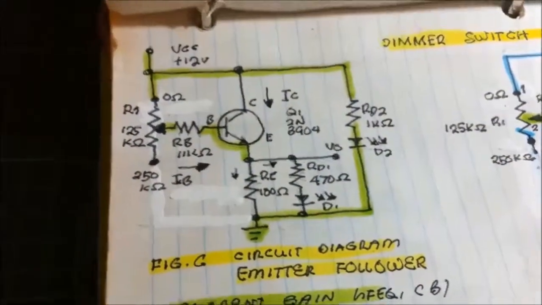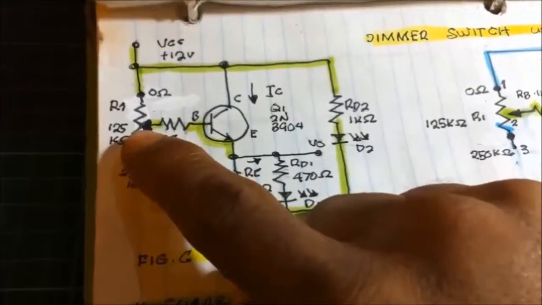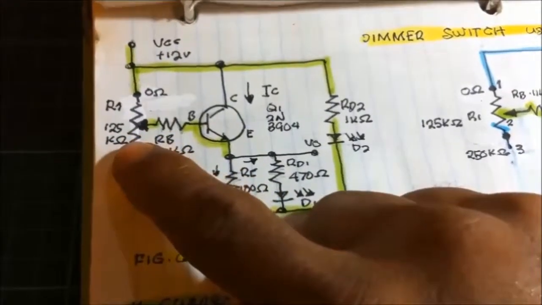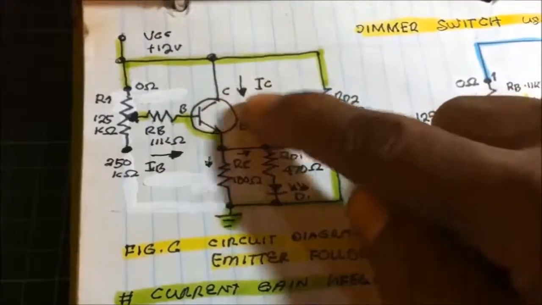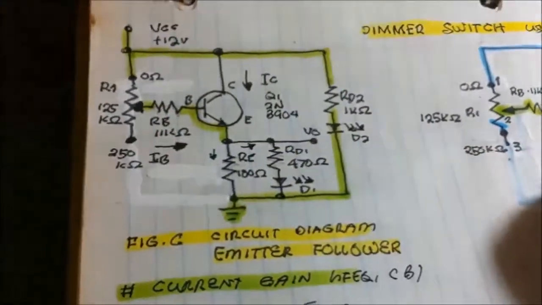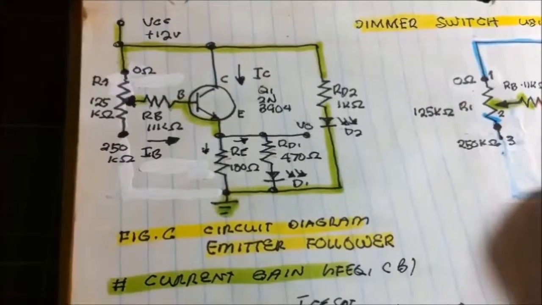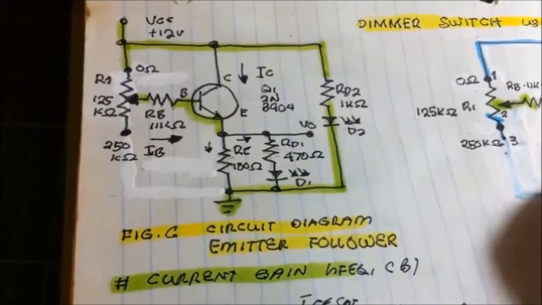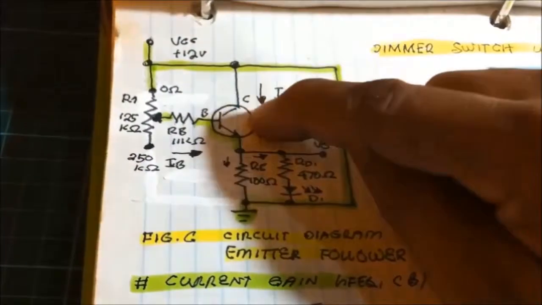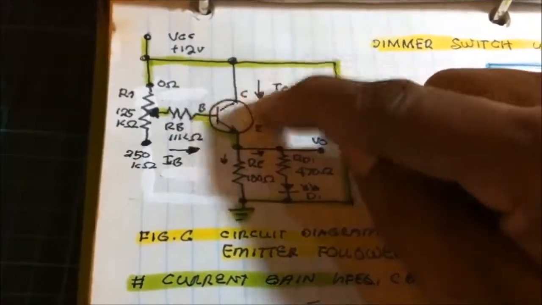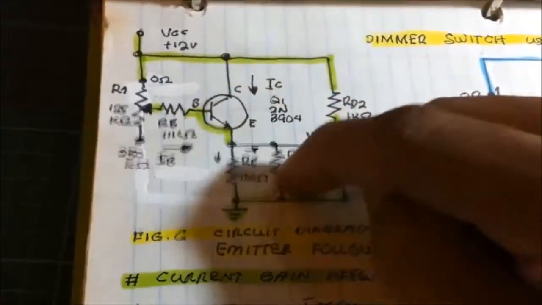This is now the proper setting at 125 kilo ohms. This will make the transistor cut off. Not totally cut off. There's still a current that flows, but the problem is that the collector current is not enough to drive the load.